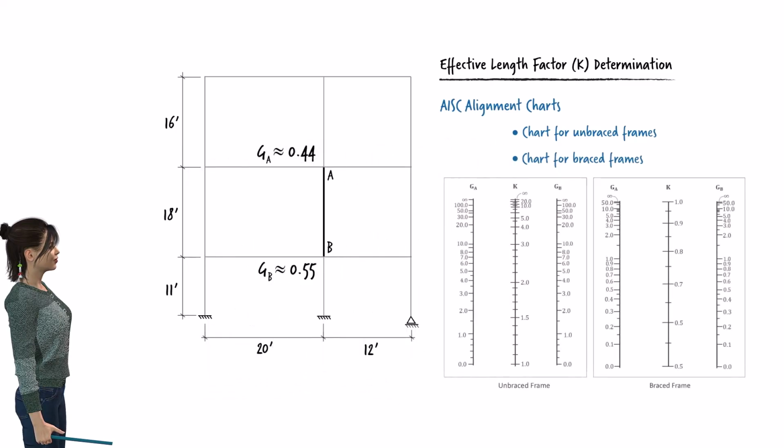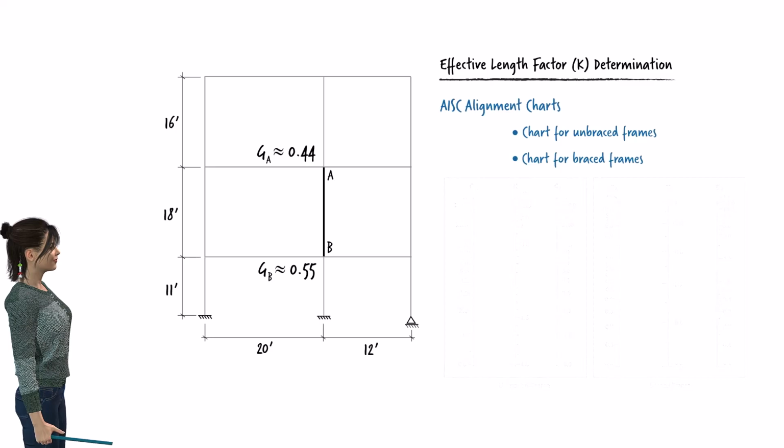These charts represent the underlying stability analysis equations for determining K. Since frame stability analysis is an involved process, the AISC manual recommends using the alignment charts instead when appropriate. We are going to show the use of these charts in this lecture.